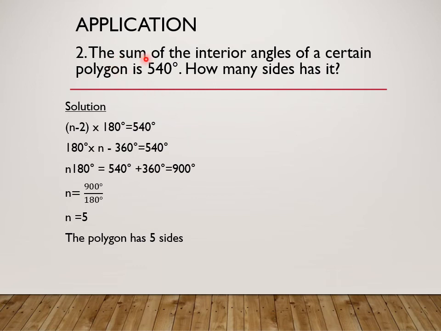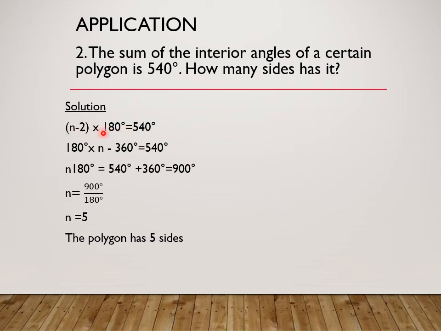So you know that the number of sides, n, minus 2 times 180 degrees equals 540 degrees. So you formulate it.